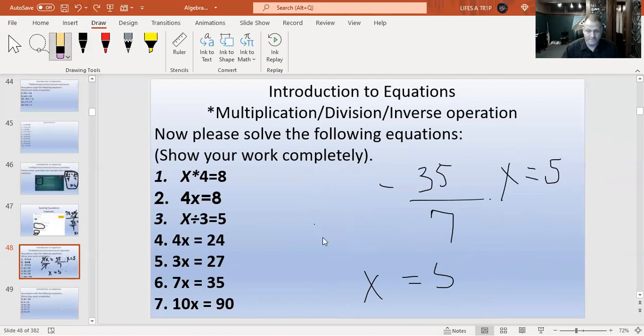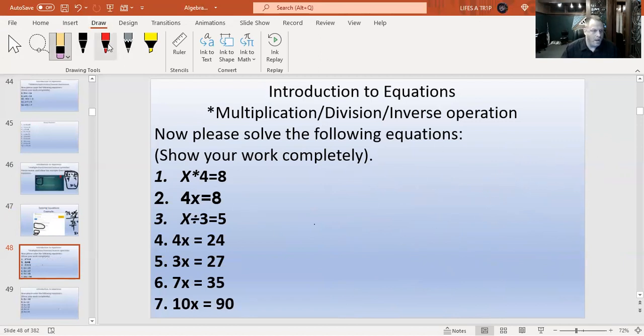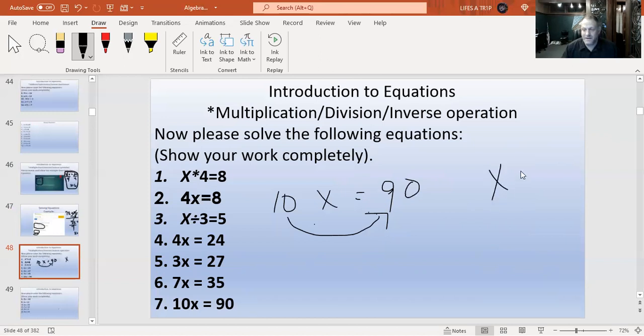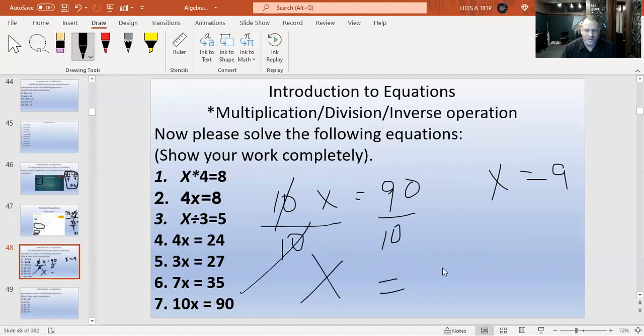Let's do number 10. All right, and let's do 10x equals 90. All right, quick math. 10 divided into 90 is 9. Let's see if we get that same outcome by showing our work. All right, guys, divide by 10, divide by 10, cancel, x equals 9.